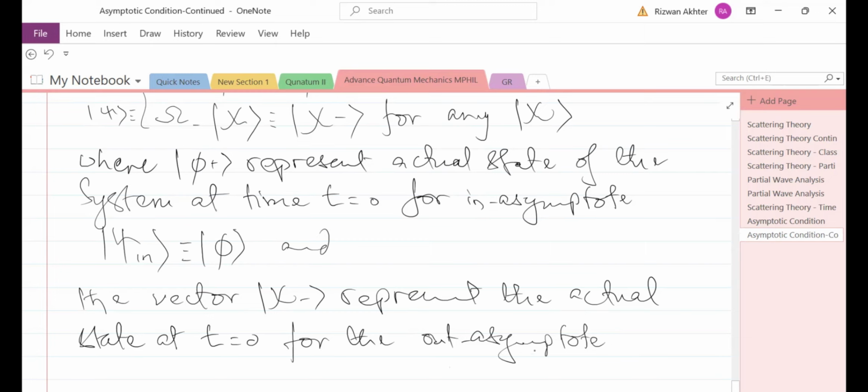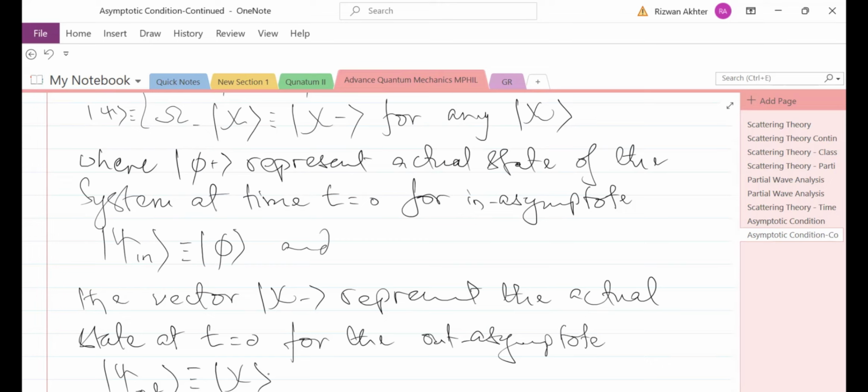In other words, psi out is in fact this chi state. So this is the representation of these two states.